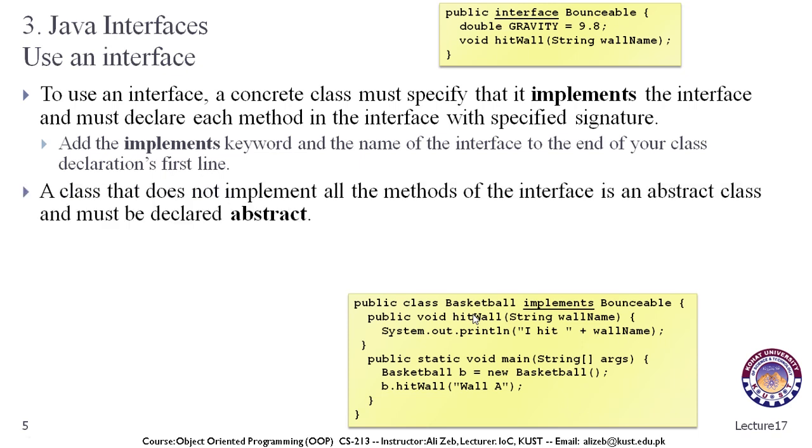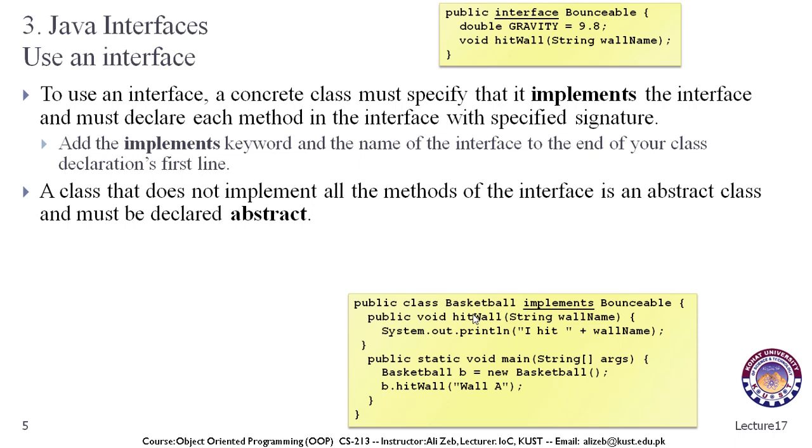A class that does not implement all the methods of the interface is an abstract class and must be declared as abstract. If you remember from our discussion of abstract classes, a subclass that inherits an abstract class needs to implement the abstract method of its superclass.